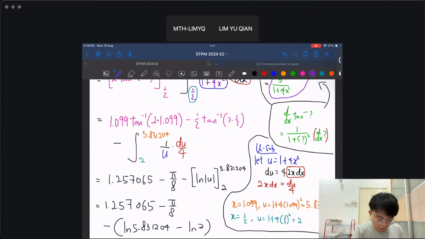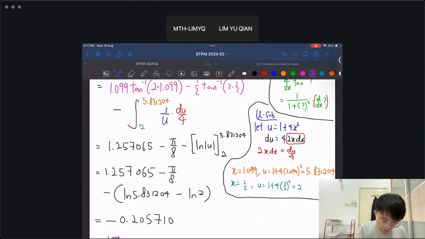I calculate this one wrongly. 1.257065 minus pi over 8. Okay, still a big number. Minus with ln 5.831204 minus ln 2. I think I calculate this one wrongly. Okay, well, actually I didn't calculate it wrongly.